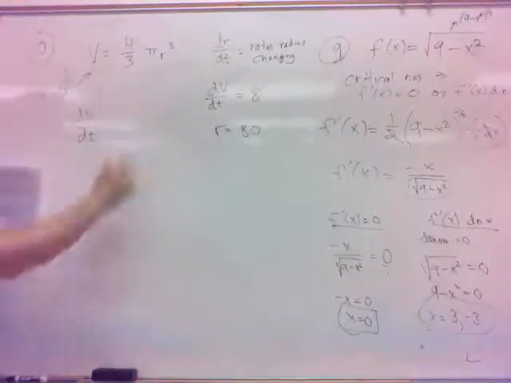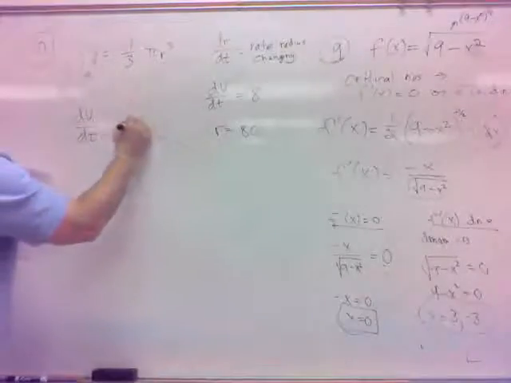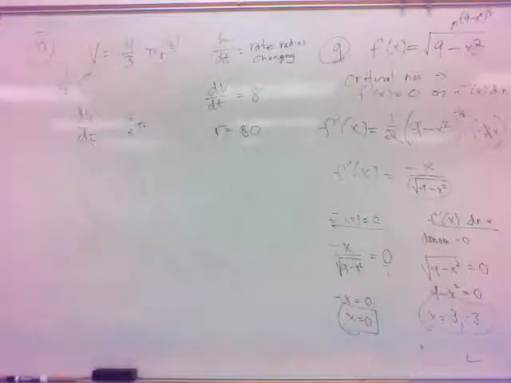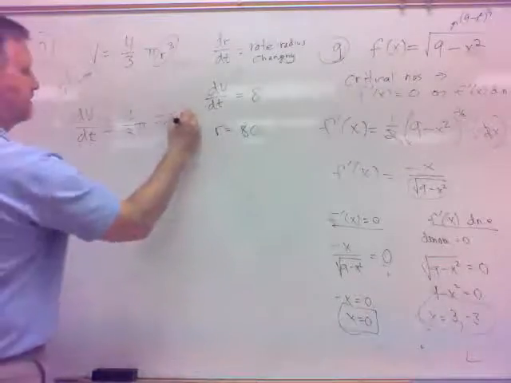What about this side? 4/3 pi is a constant, so it's just along for the ride, isn't it? So I need to d/dt that, basically. R squared, what would that be? 3r squared dr dt.